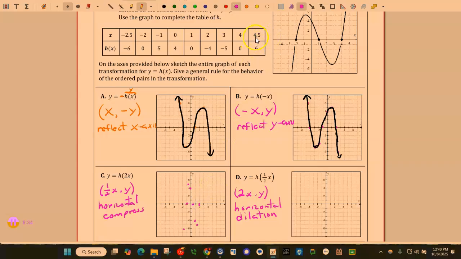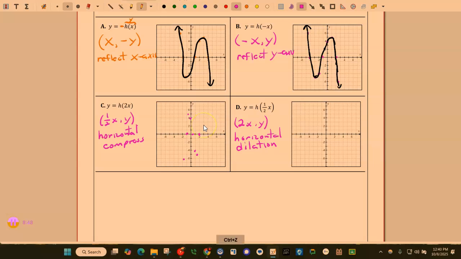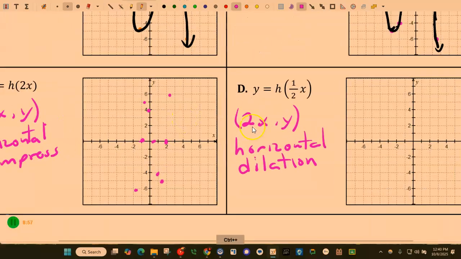And half of 4.5, that's going to be 2.25, comma 6. All right, so let's make that a little bigger, and we can connect all that together.